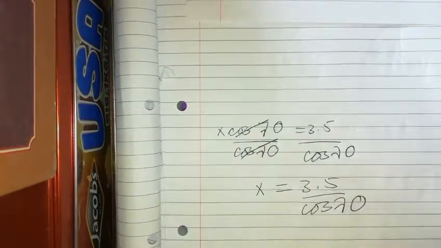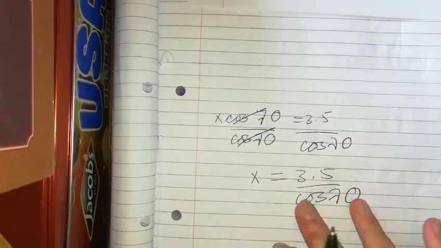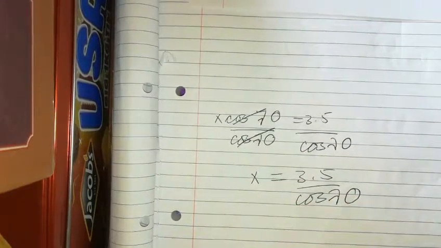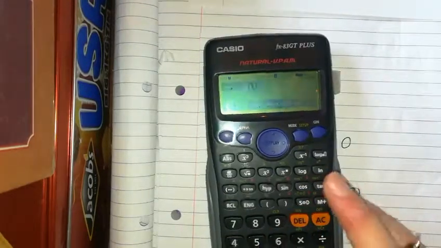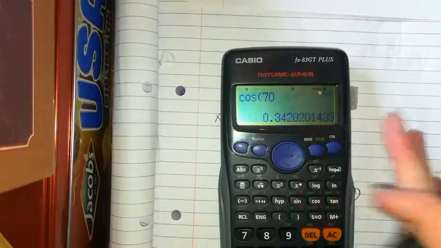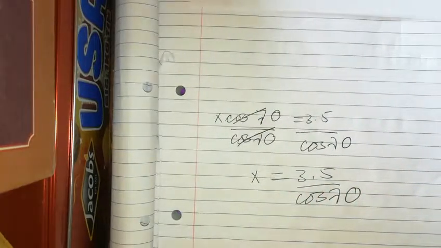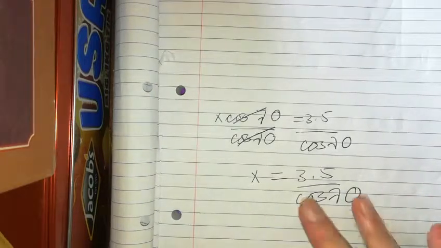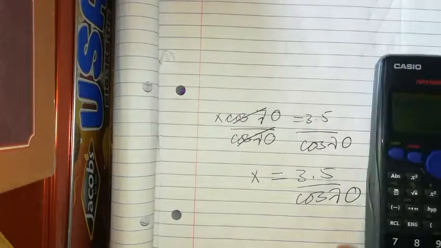I would recommend only leaving it as cos 70 for now, because if we work out what cos 70 is and round it too much, we get a lot of decimal places, and if we don't keep all those decimal places, we mightn't get the correct answer at the end. So it's better to keep it as accurate as possible. Keep it as cos 70 until you have to.